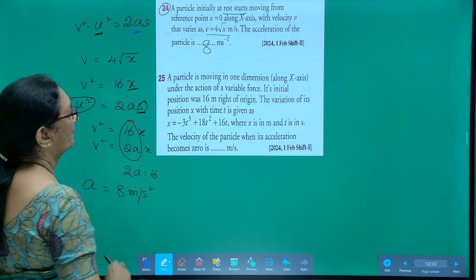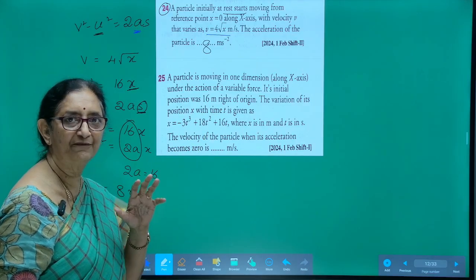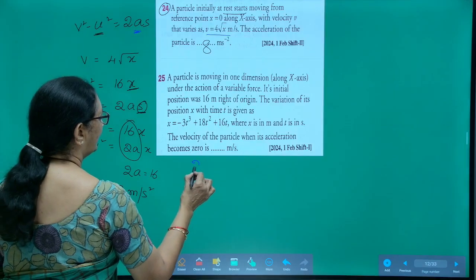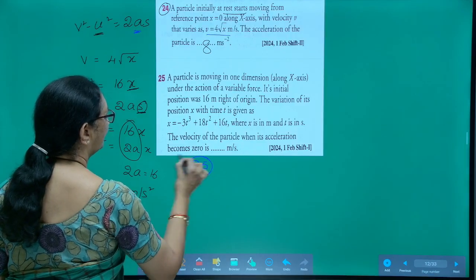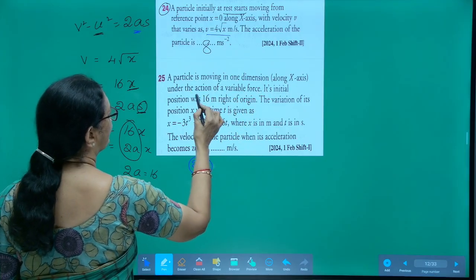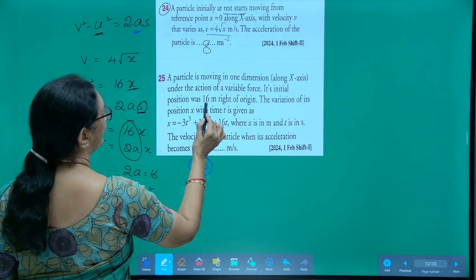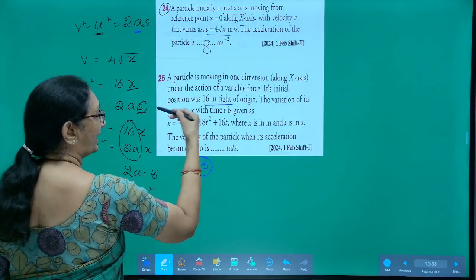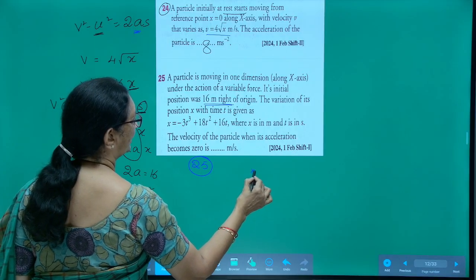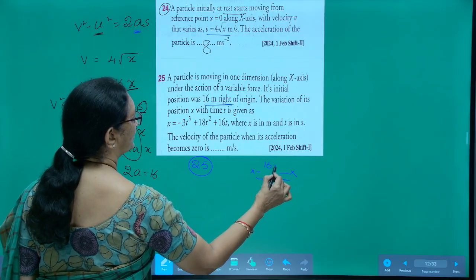Right? Now look into this problem. We have done the same kind of problem several times already in PYQs. Let us look into the 25th problem. A particle is moving along the x-axis under the action of a variable force. Initially, it is 16 meters right of the origin.